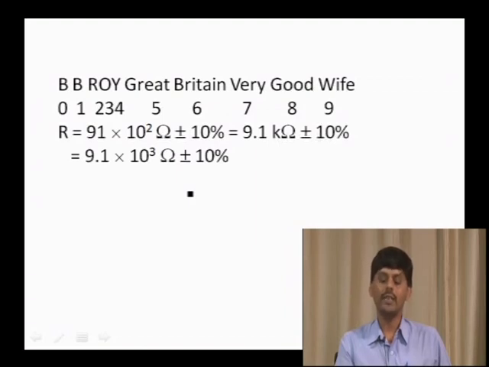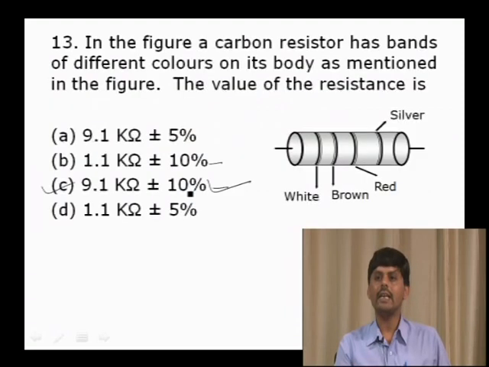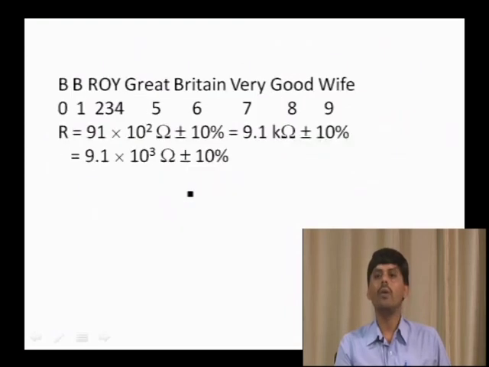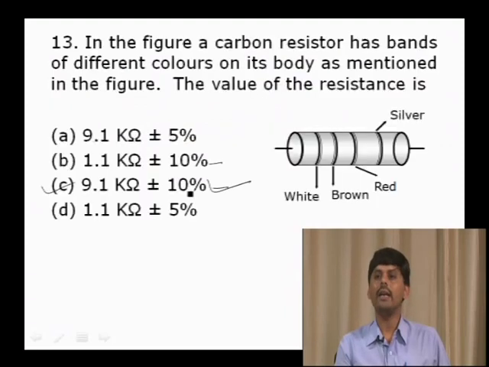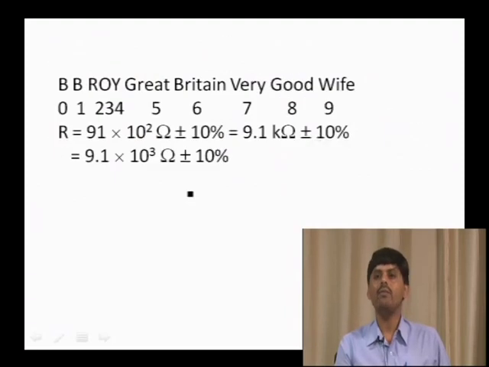Here the first color is white, white is having 9, therefore I am taking 9 as the first significant digit. The second color is brown, so brown is taken as 1, that is 91. Followed by the third band, red, red means the value is 2, therefore 10 power 2.